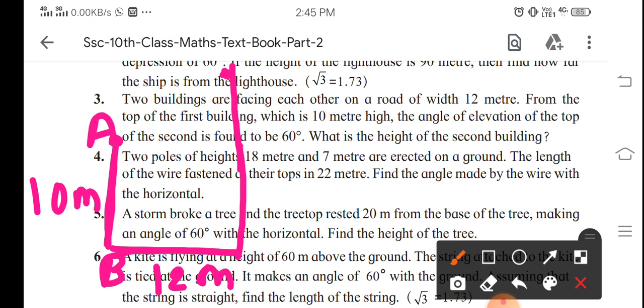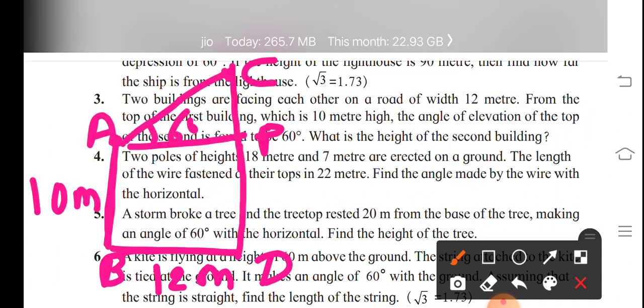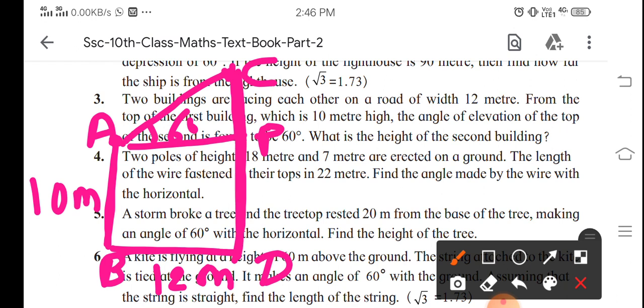The angle of elevation from the top of the first building to the top of the second is found to be 60, so this angle will be 60. Just give names: suppose this is P, and this is C, and this is D. So what is the height of the second building? Our second building is this one, that means CD. So we have to find the value of this CD.